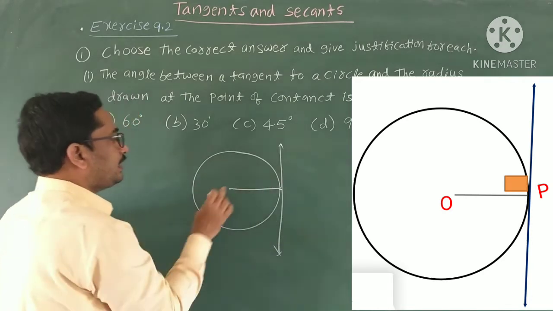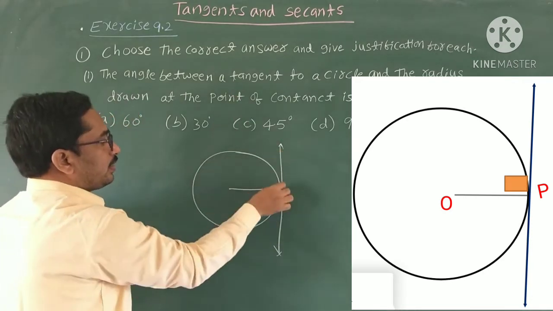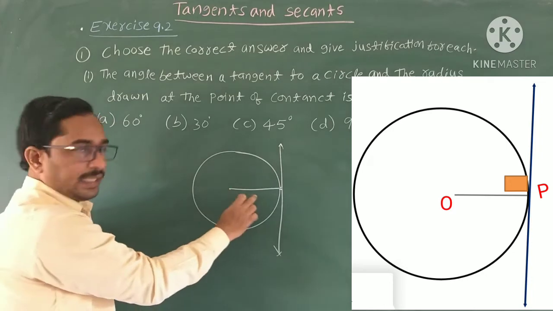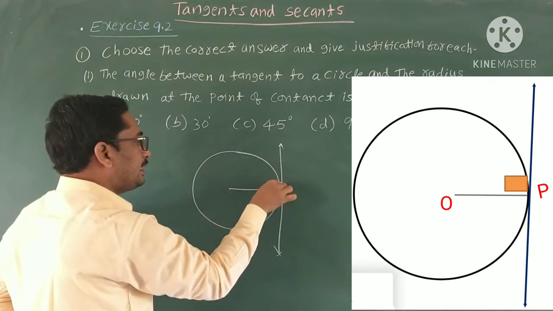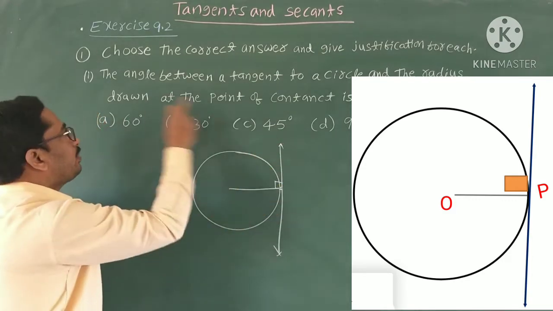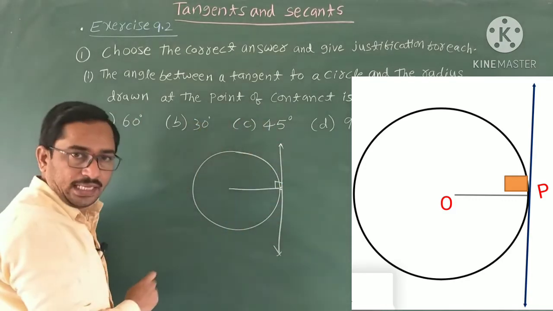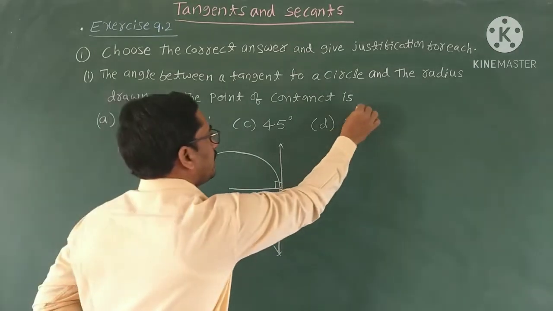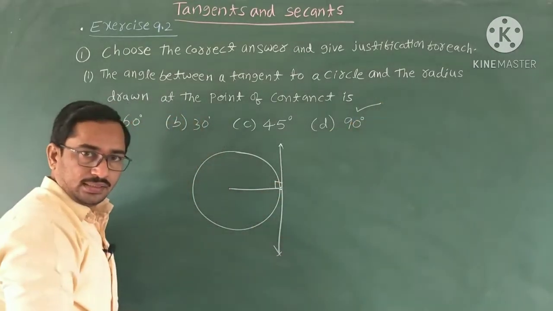The angle between the tangent at a point of contact and the radius is always 90 degrees. So, the answer is D, 90 degrees.